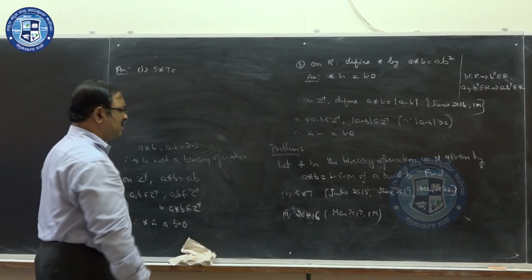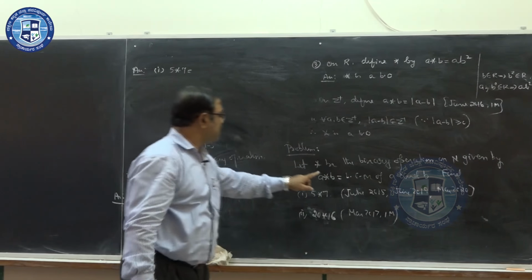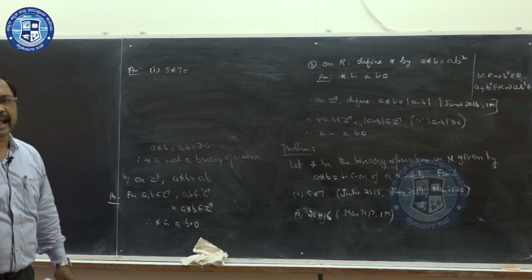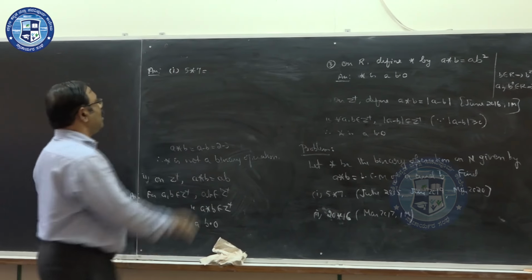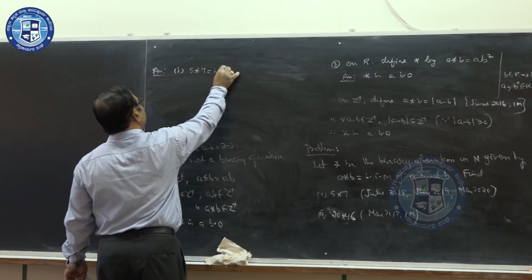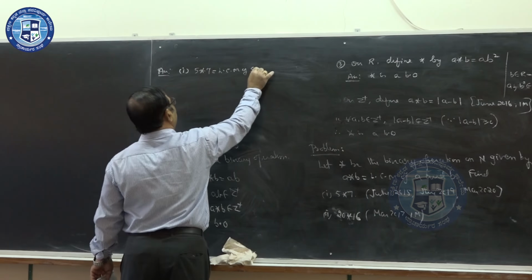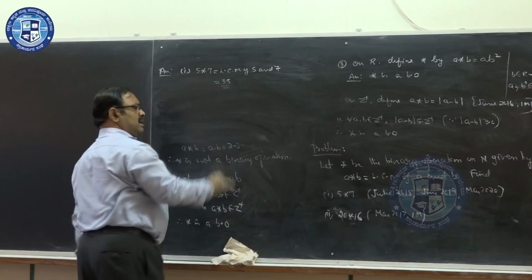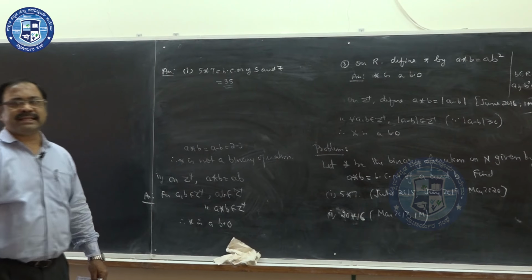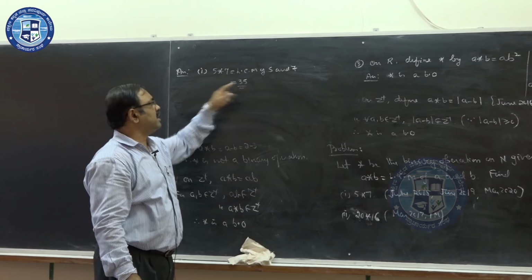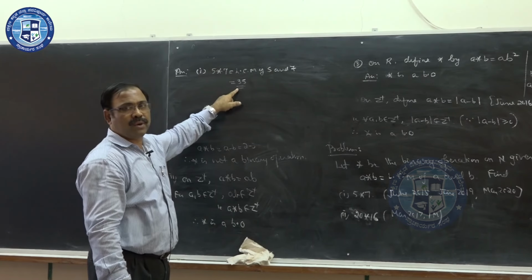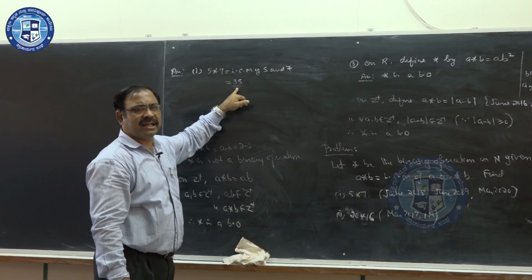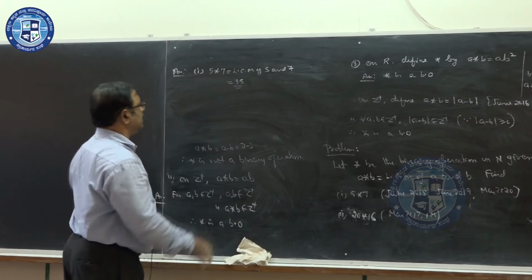What is the meaning of 5 star 7? What is A star B? A star B is nothing but LCM of A and B, correct? So what is 5 star 7? LCM of 5 and 7, that is 35. So 5 star 7 is equal to 35. You can directly write the answer.